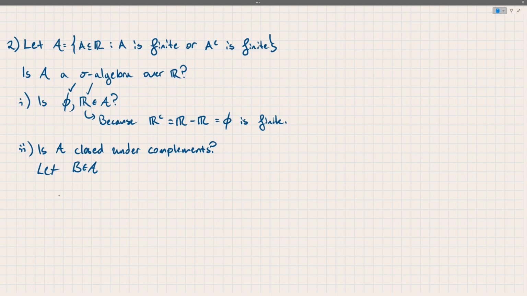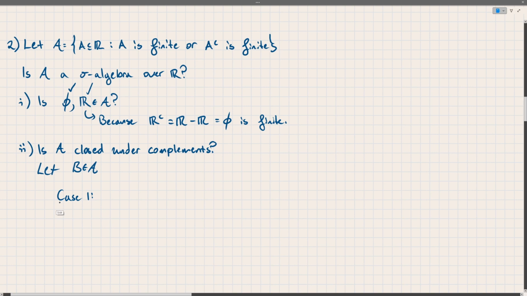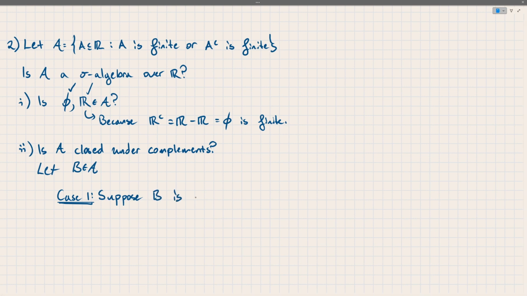Okay, so case one: suppose B is finite. Well, if B is finite, now we need to consider its complement. So consider B complement. What we have to verify is, does B complement satisfy either of these two conditions?